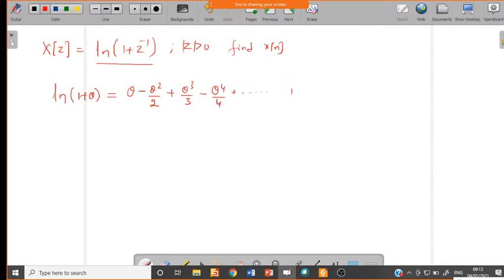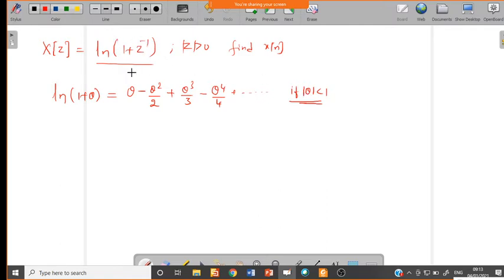Now if theta is less than 1, that you have to take care. If you have it like this, then we can apply this formula. Now we can see here it is 1 over z. So z greater than 0 means 1 over whatever the value we get will be less than 1.